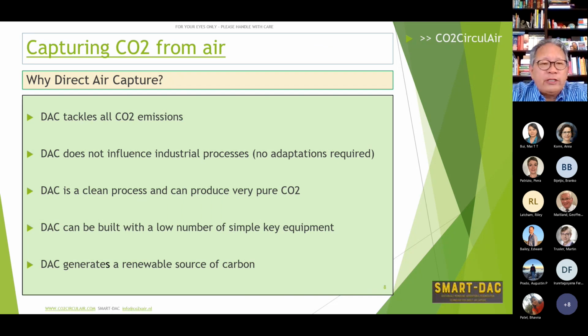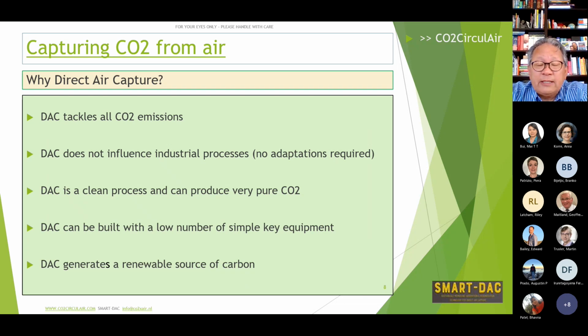So why direct air capture? Direct air capture tackles all CO2 emissions. In general, people tend to focus on industry, but industry produces only about 30% of the total CO2 emissions.